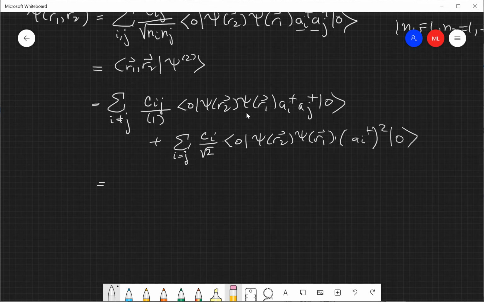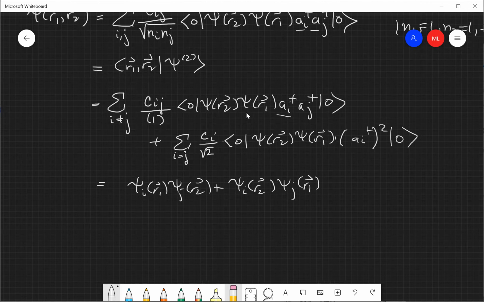And so it'll include terms like psi sub I R1, psi, and these are the wave functions now, R2, and then it'll include the other combination where you have psi R2 and psi J R1.